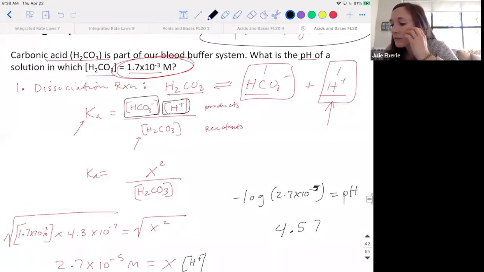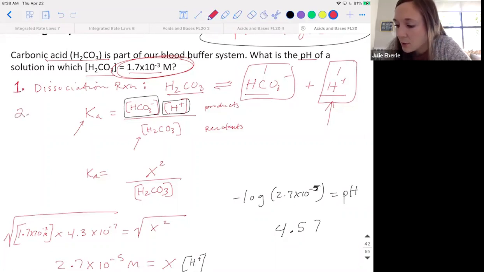So I'm going to go back in and write our steps. I started to write our steps and I lost track of that. Step 1, we wrote the dissociation reaction. Step 2, we wrote the Ka expression. Step 3, we plugged in X for the top, for the products.